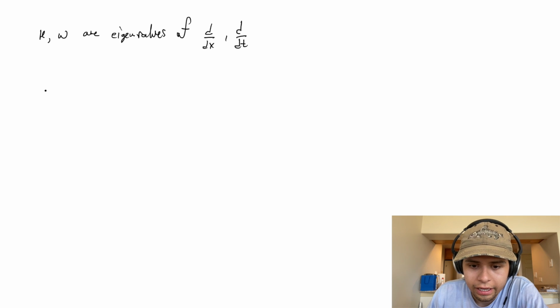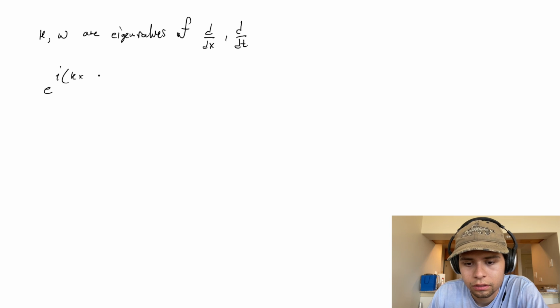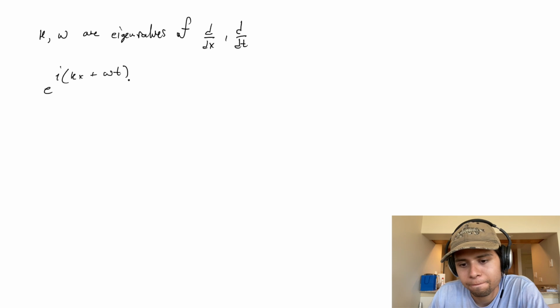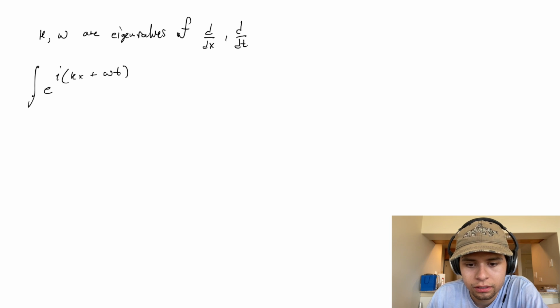So let's take a look at this here. How can we make sense of something that looks like this? e to the i (kx plus omega t). And then we want to integrate this over k.